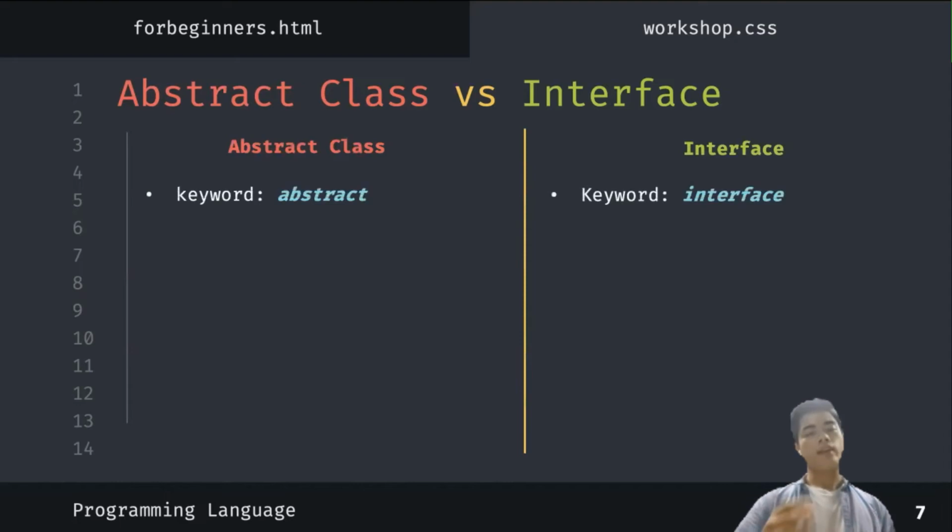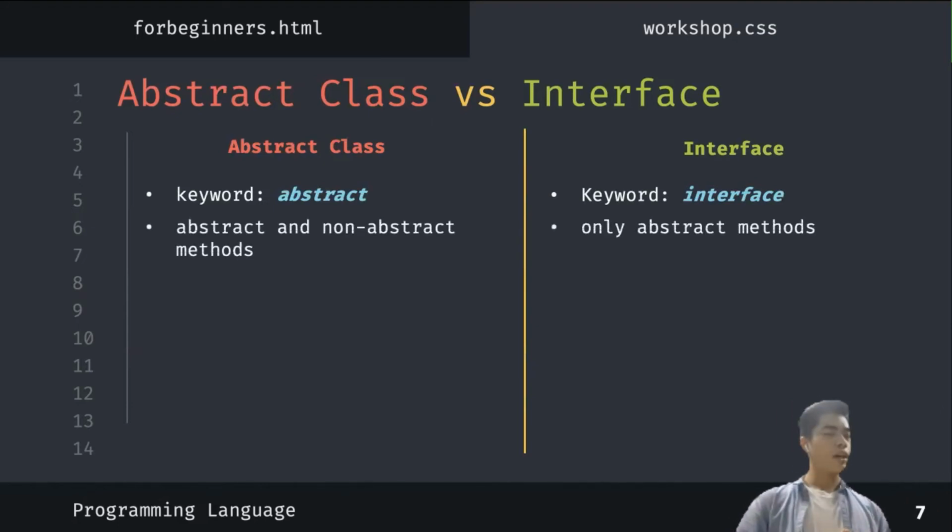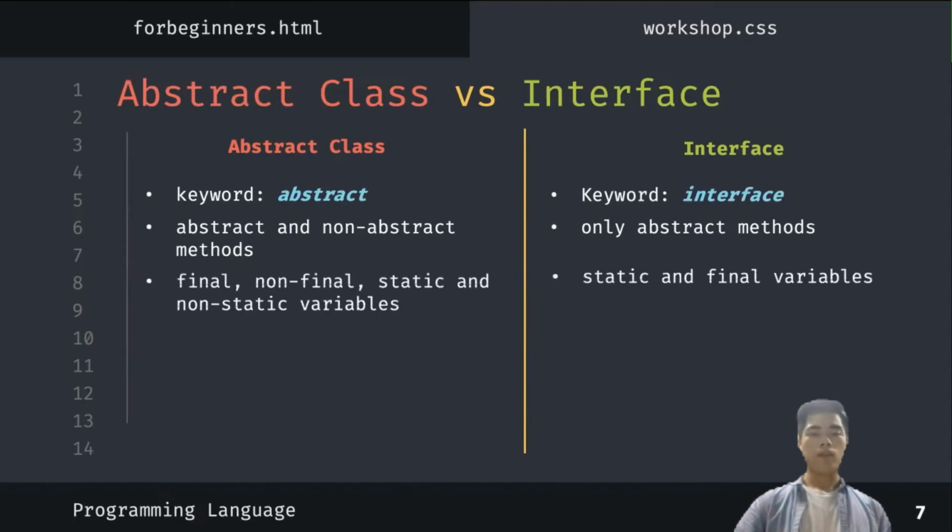An abstract class has the keyword abstract, and the interface has the keyword interface. Kind of easy, right? An abstract class can have abstract and non-abstract methods, while an interface can only have abstract methods. About the variables, an abstract class can contain final, non-final, static, and non-static, while the interface can only have static and final variables.